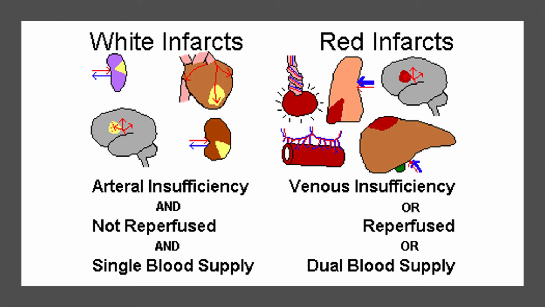Red infarction occurs with venous occlusions such as an ovarian torsion, in loose tissues, for example lung, where blood can collect in infarcted zones, in tissues with dual circulation, such as lung and small intestine, where partial inadequate perfusion by collateral arterial supplies is quite typical.